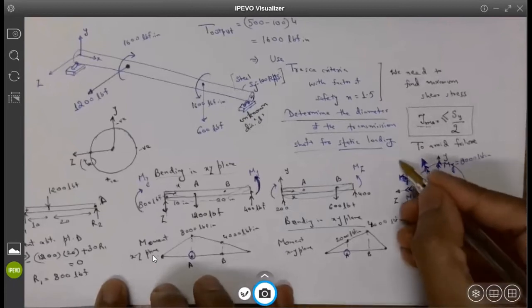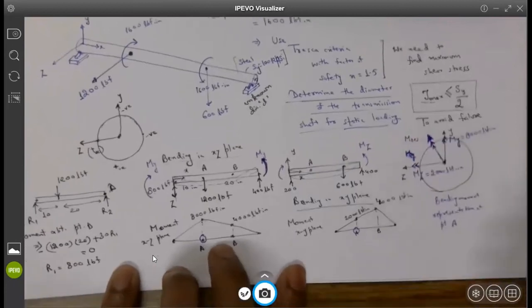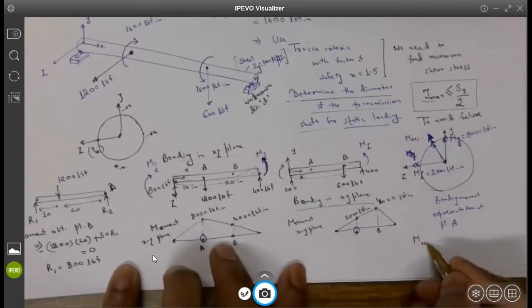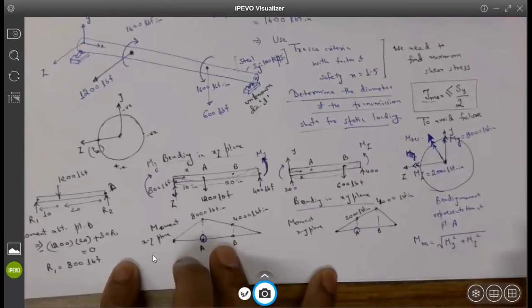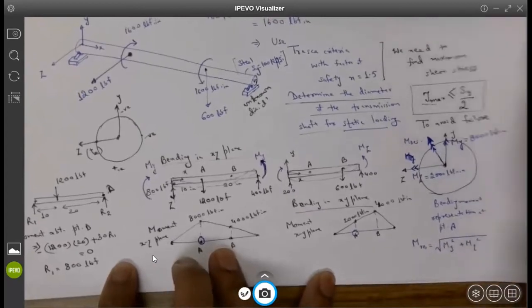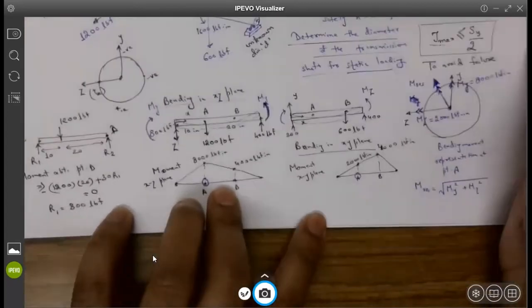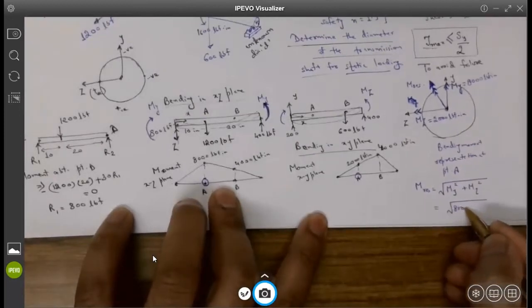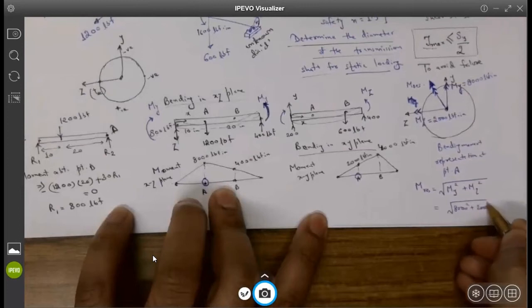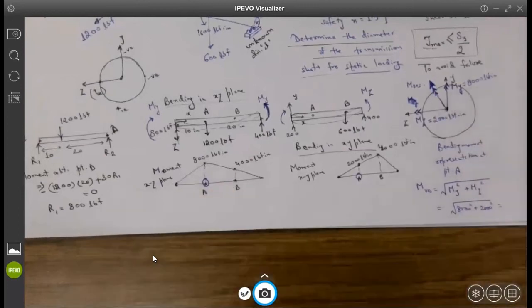So basically this is M resultant, and M resultant would be the square root of My square plus Mz square. So it is the square root of 8,000 square plus 2,000 square. It will be some number, right?